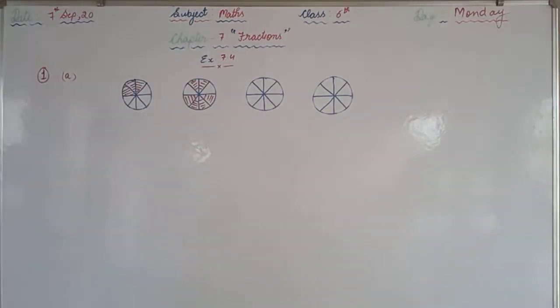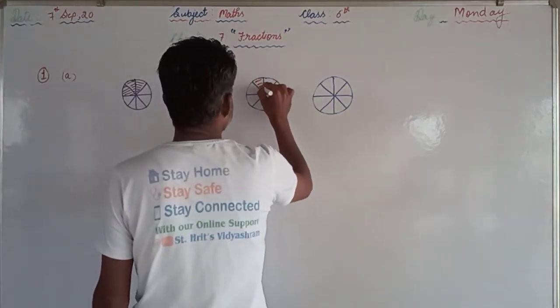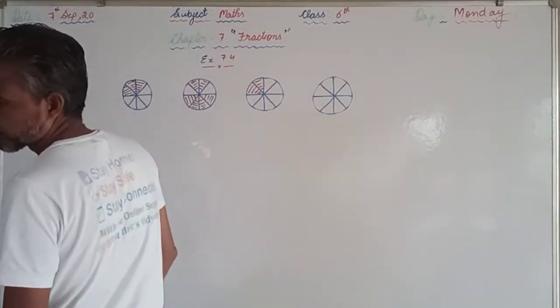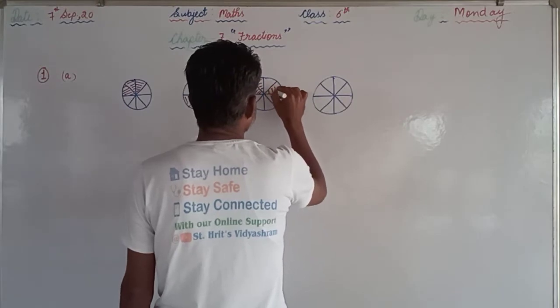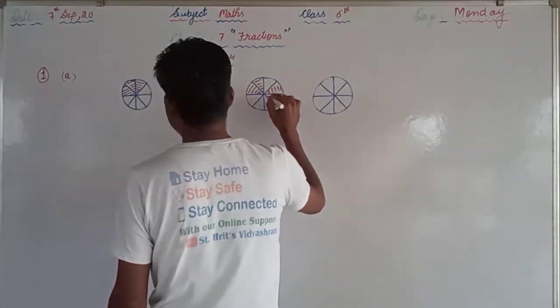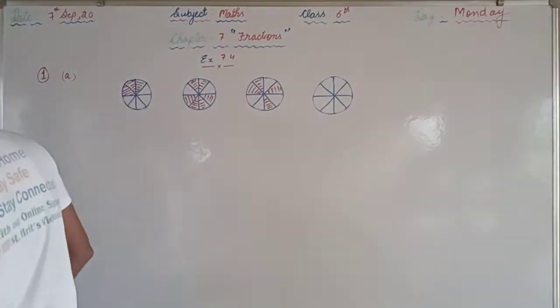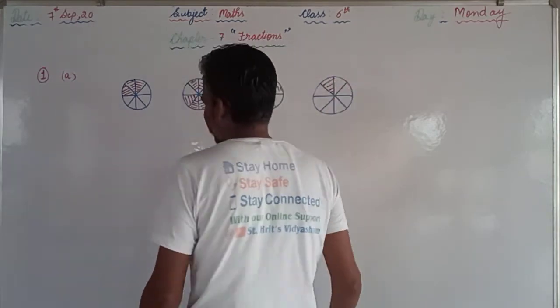Next one, 4 parts have been shaded. And in the next one, only 1 part has been shaded. So this is given in the question.